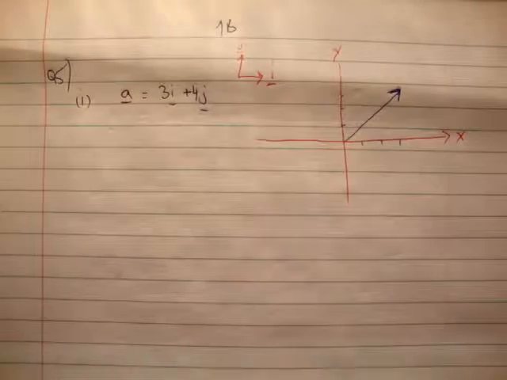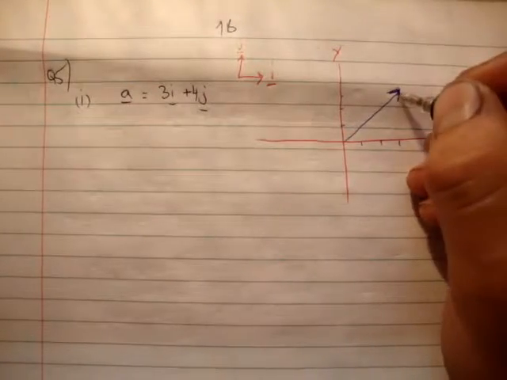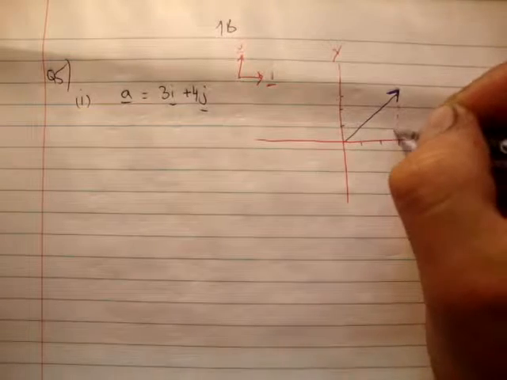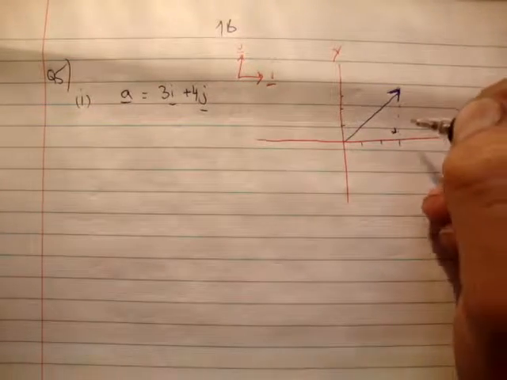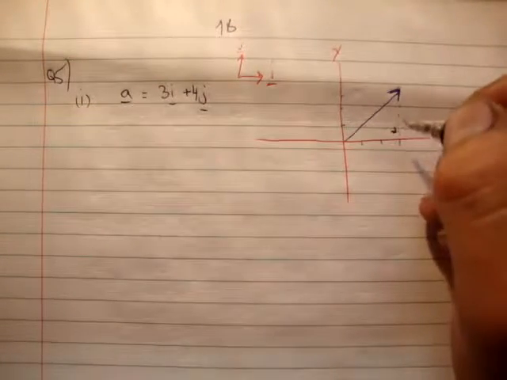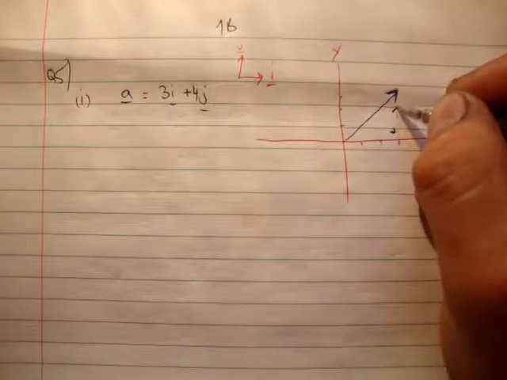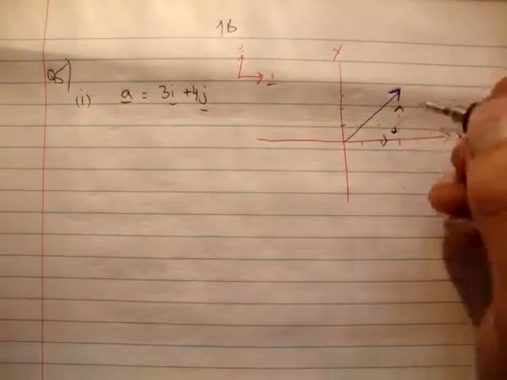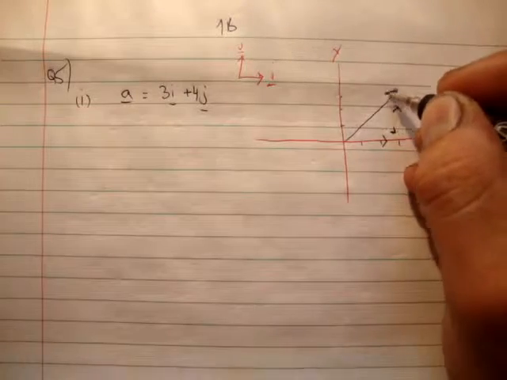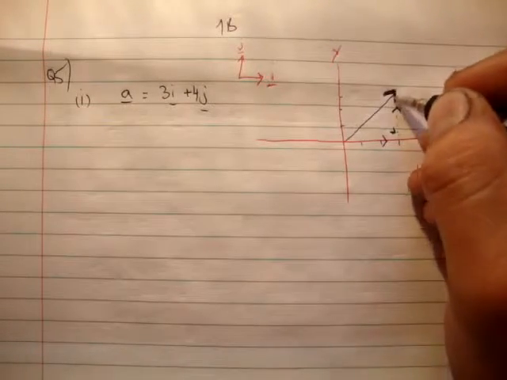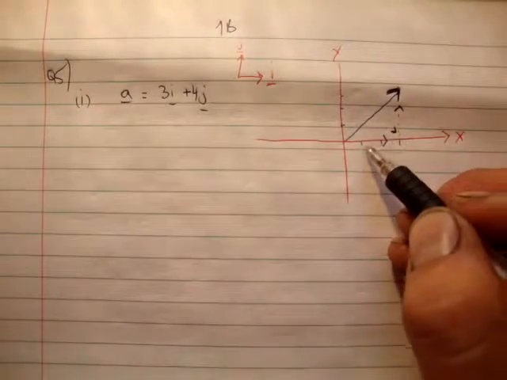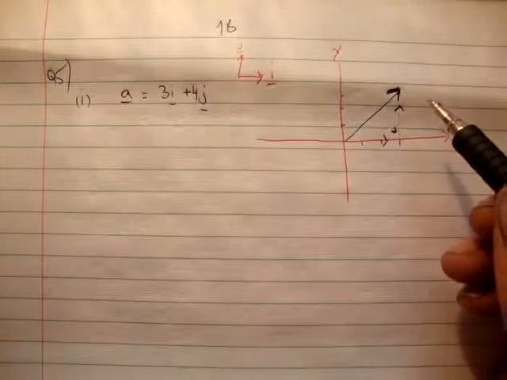Now, we've got to drop our perpendiculars. Hopefully you've realized that dropping perpendiculars is the same as finding the component vectors of this resultant. This vector A is a resultant vector, made up of other vectors. I've broken it up into two vectors, so I've done the opposite of adding.